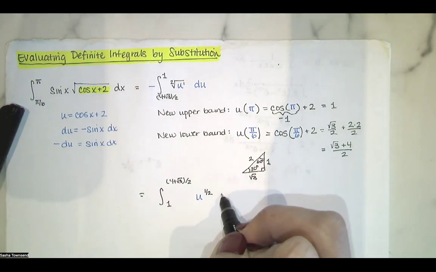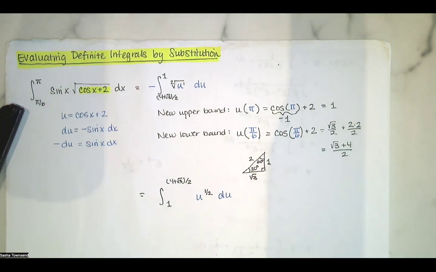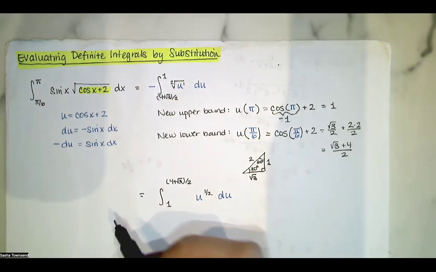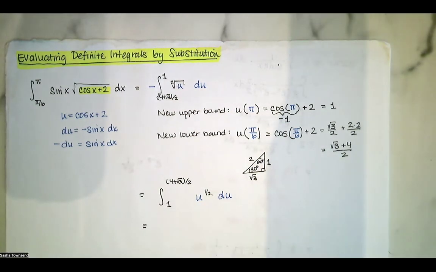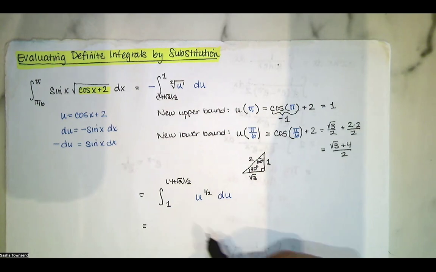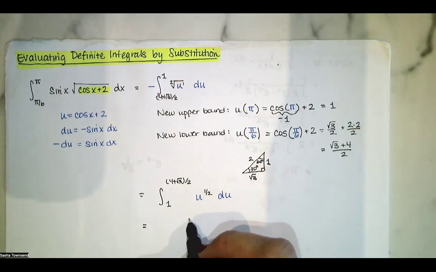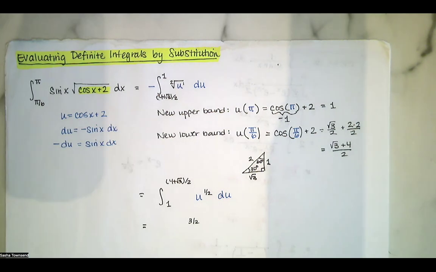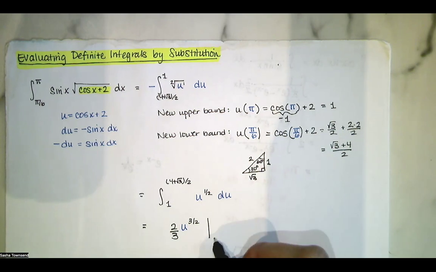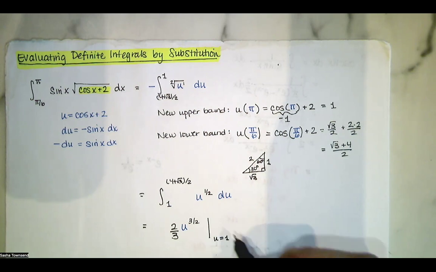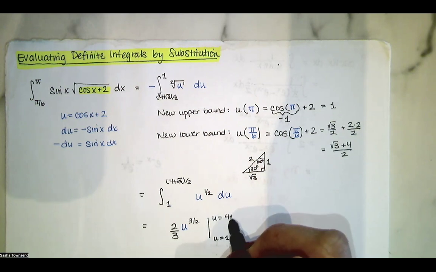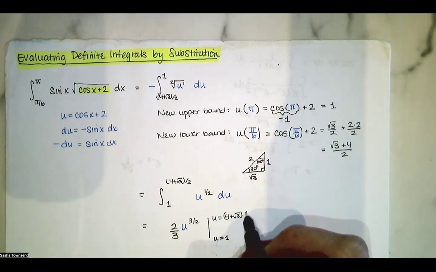So this integral turns out to be equal to that integral. So we'll take the antiderivative, adding 1 to the exponent and then dividing by the new exponent. 1/2 plus 1 is 3/2. Dividing by 3/2 is the same as multiplying by 2/3. And then we evaluate from u equals 1 to u equals 4 plus the square root of 3 divided by 2.